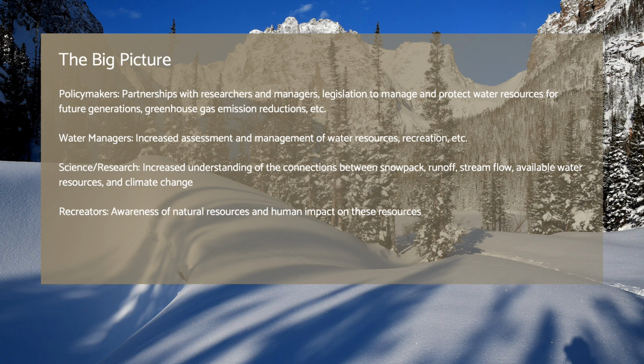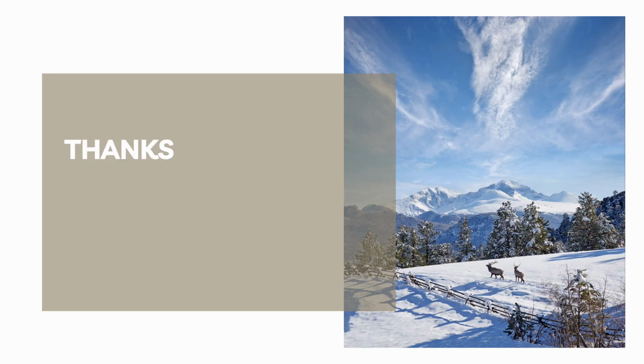And then just for recreators and the general public, more awareness of natural resources and human impact on water resources and how our water is transported, where it comes from. Just more knowledge base surrounding that would definitely help with understanding snowpack and how it impacts all aspects of human life. So that is my project.